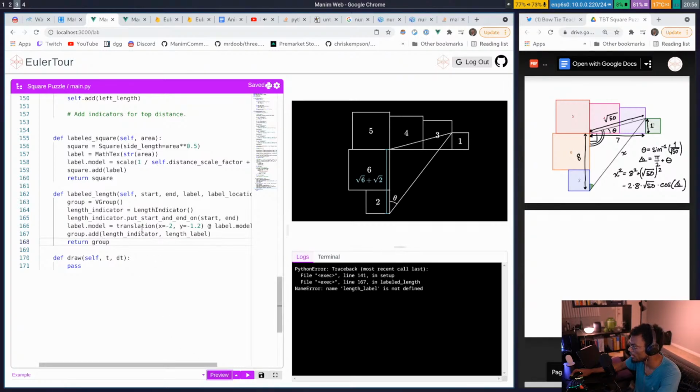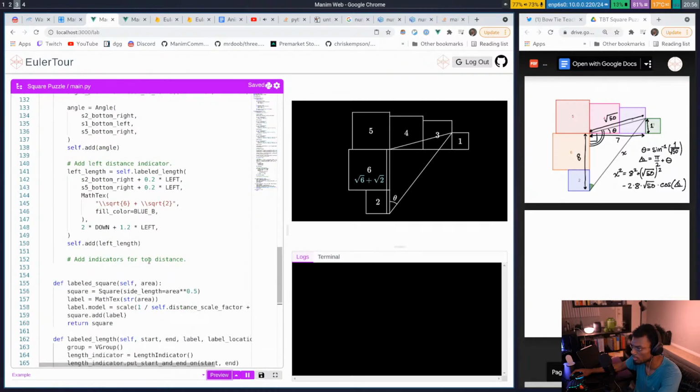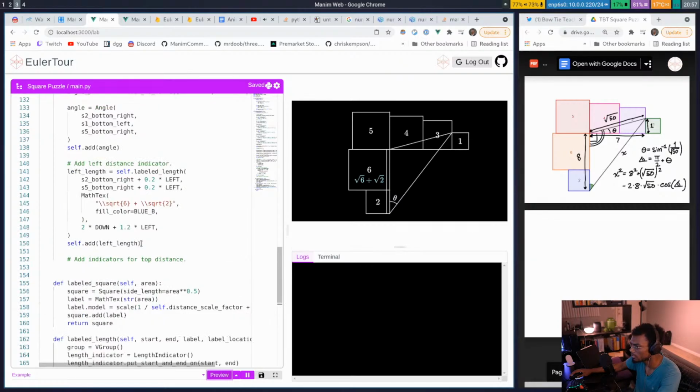Like labels not defined. Oh, it's just label here. Great. Oh, it worked. Interesting.